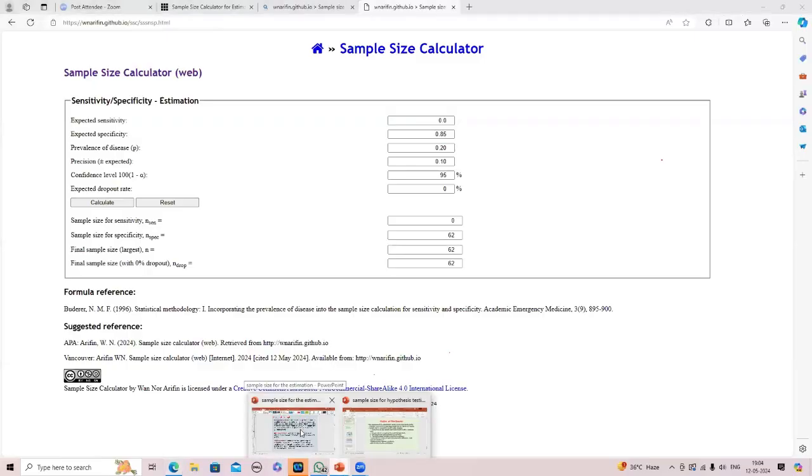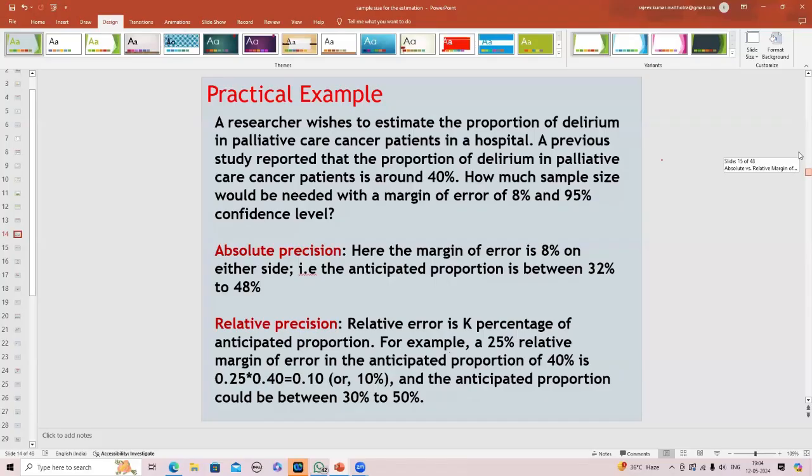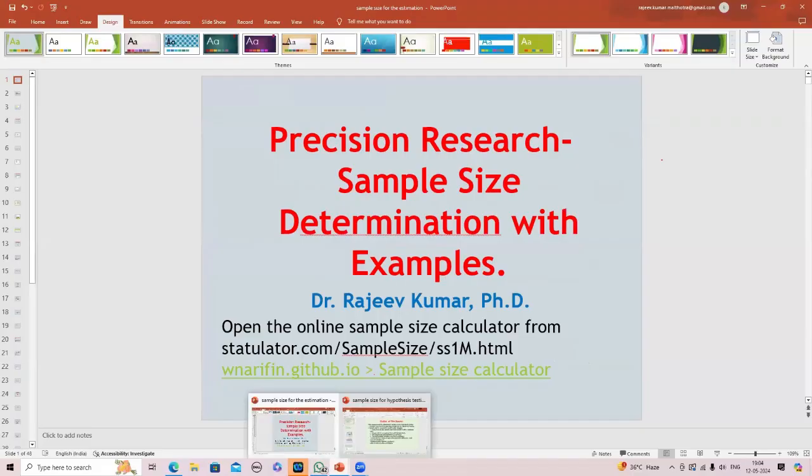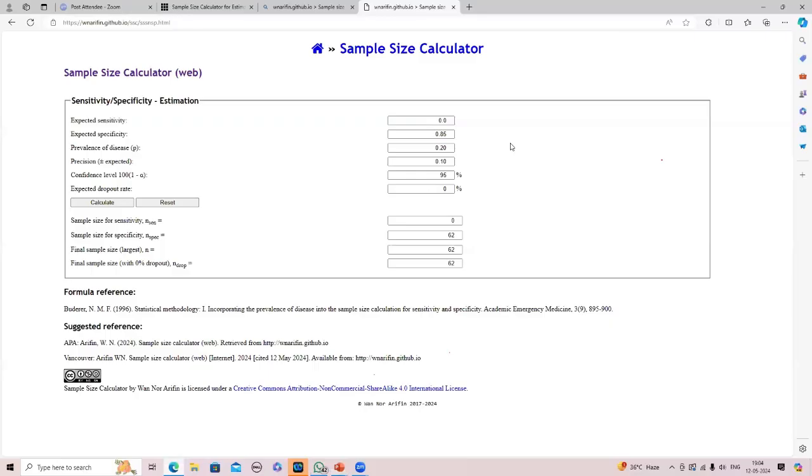You can download it from this site for sensitivity, specificity, and Pearson correlation. For the estimation of proportion and mean, there is statulator.com. You can use that. So this is for the sensitivity and specificity.